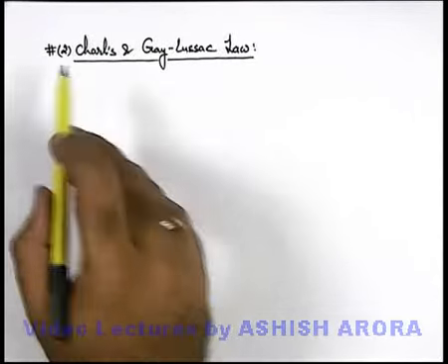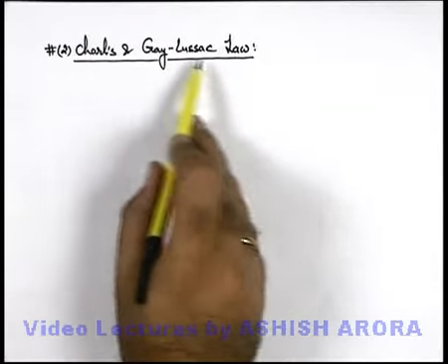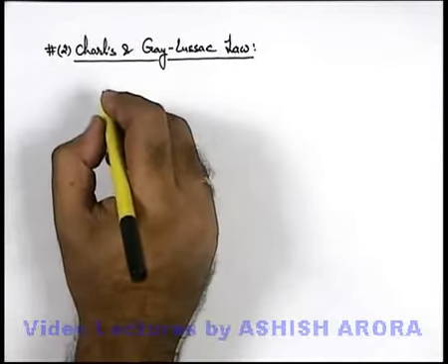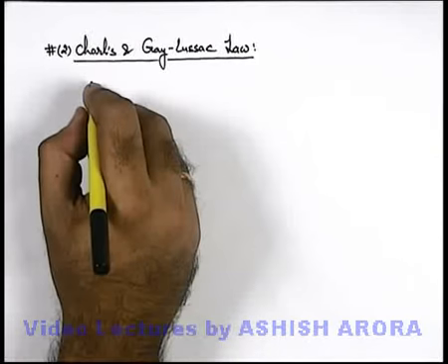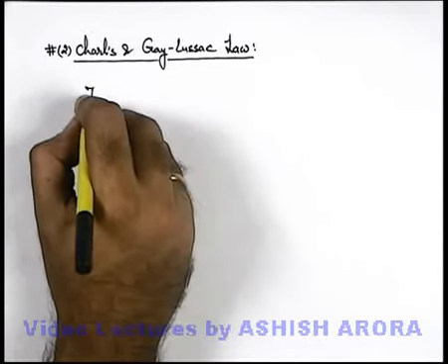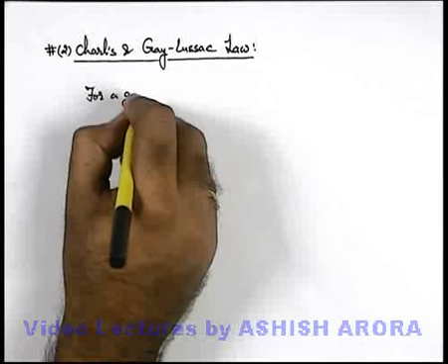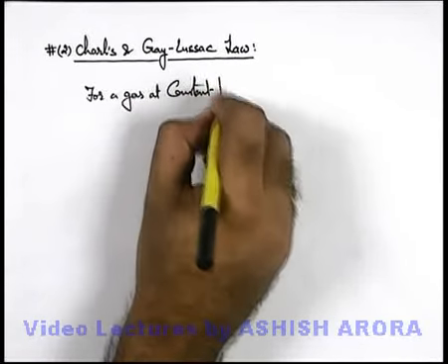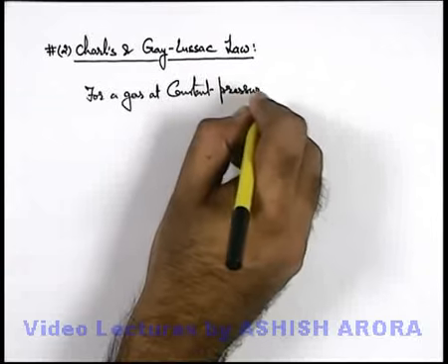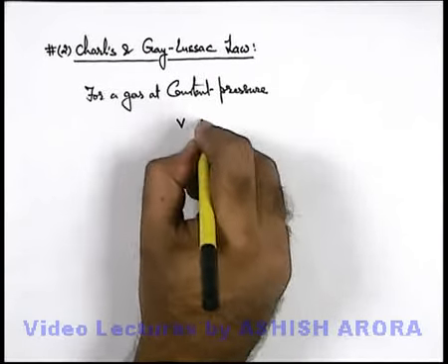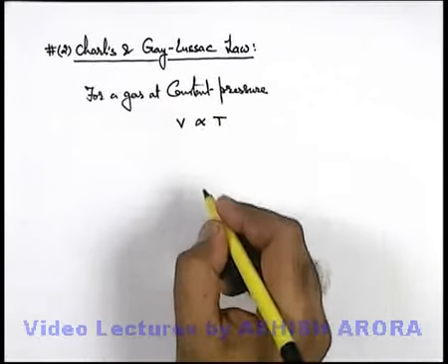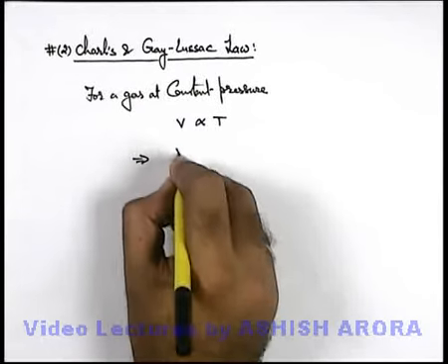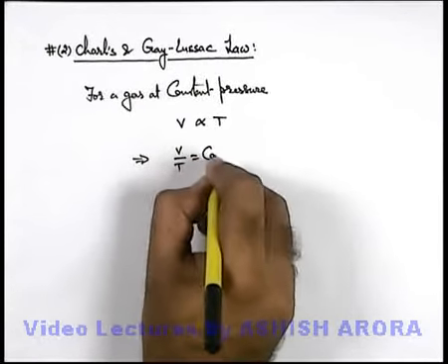Now in sequence, the second law is Charles and Gay-Lussac's law, and experimentally it was deduced in this law that for a gas at constant pressure, volume of gas is directly proportional to its absolute temperature, or we can also write V by T is a constant.